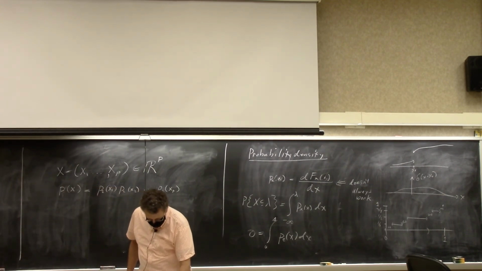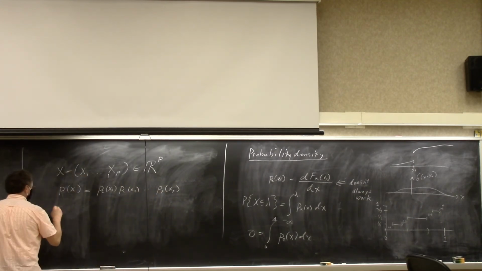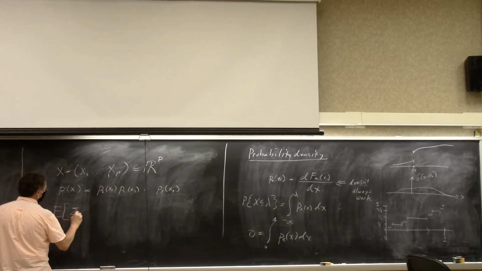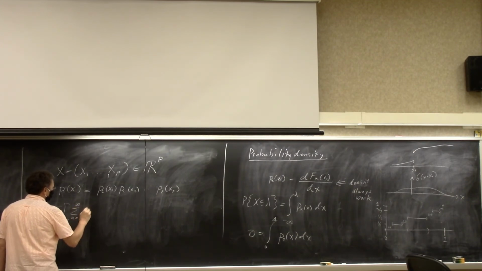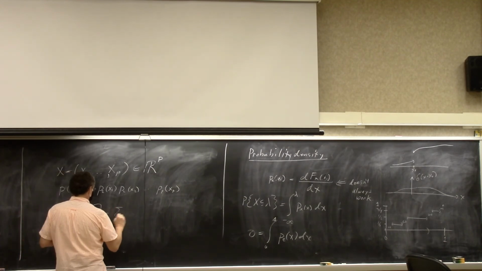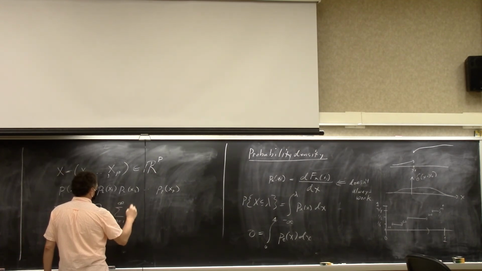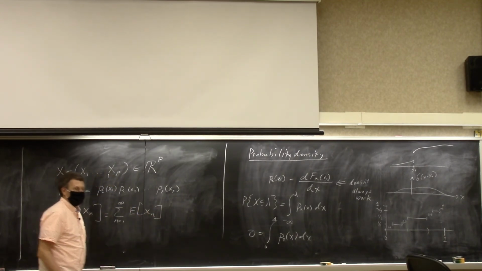Now, the expected value of the sum from n equals 1 to infinity of xn is always equal to the sum from n equals 1 to infinity of the expected value of xn. That's always true.